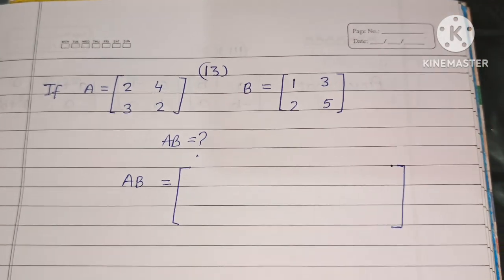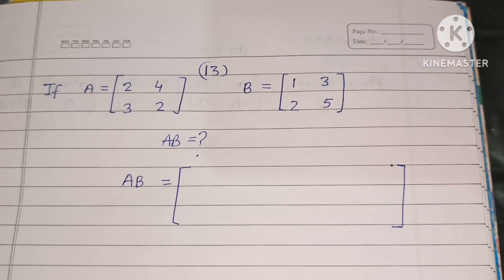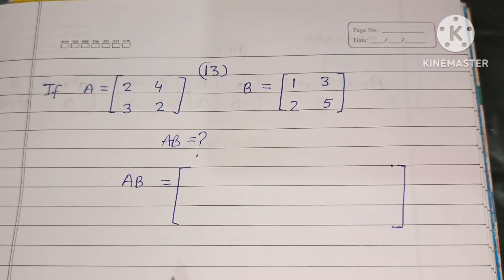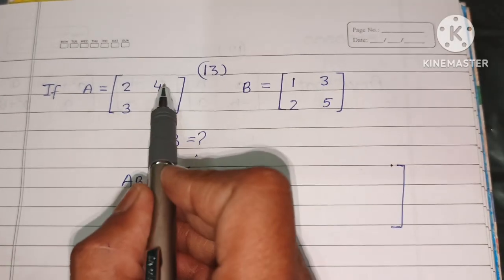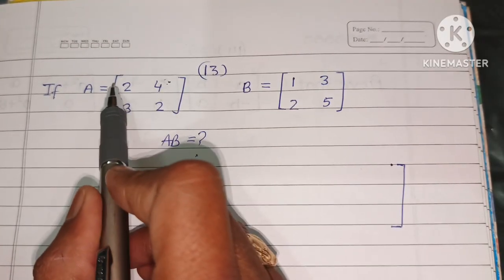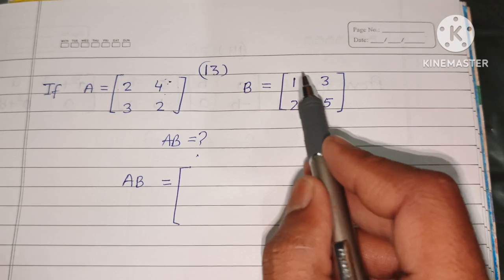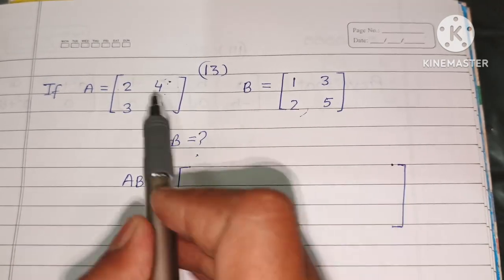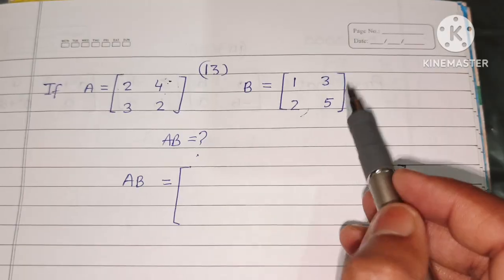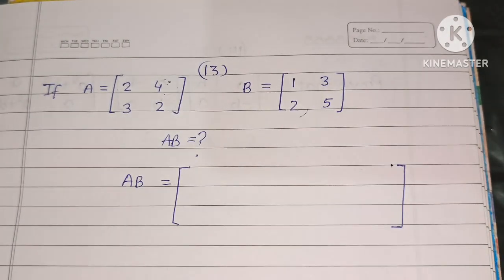Okay, see, when we multiply, this row will be multiplied by this column, and further this row is also multiplied by this column.